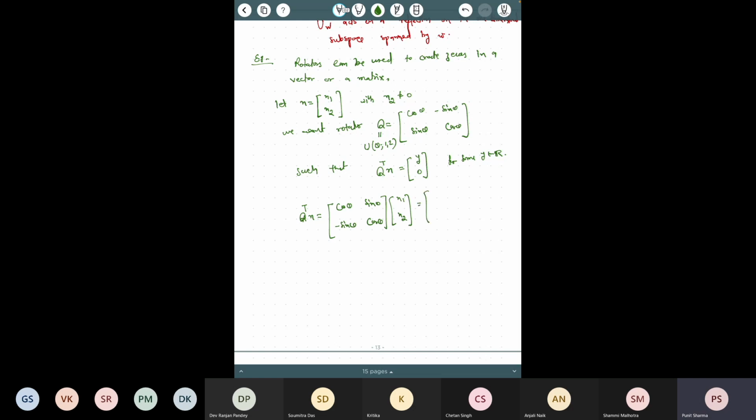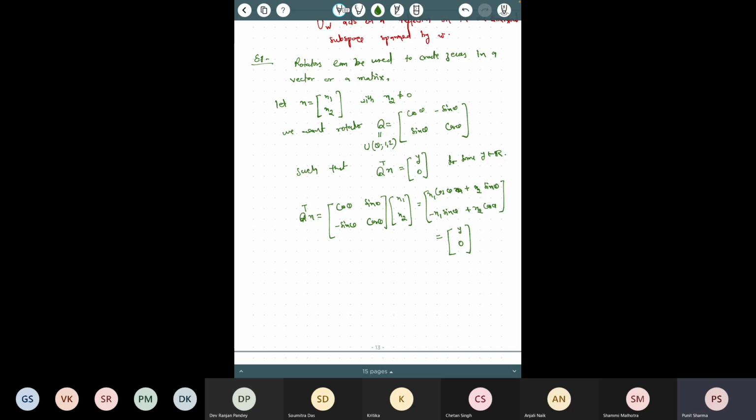Basically it is x1 cos theta plus x2 sin theta, and minus x1 sin theta plus x2 cos theta. We want this to be equal to some vector of the form y, 0, for some y.